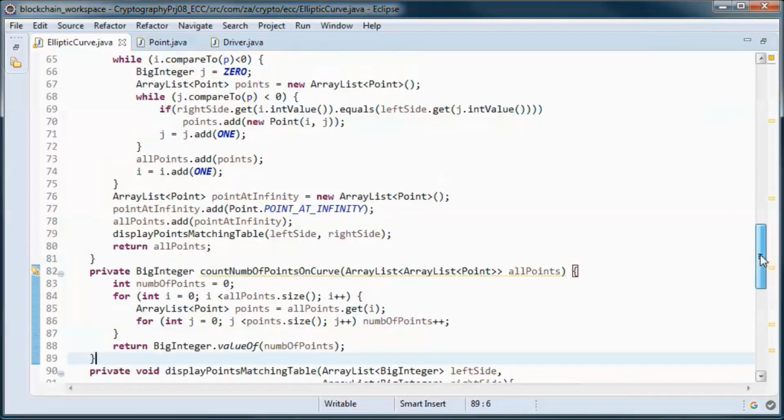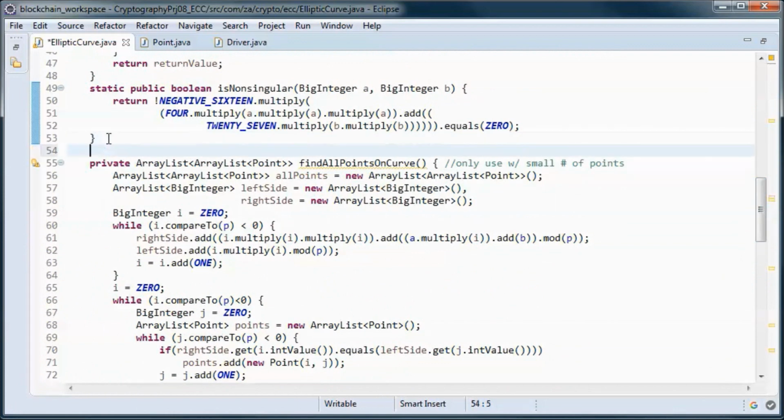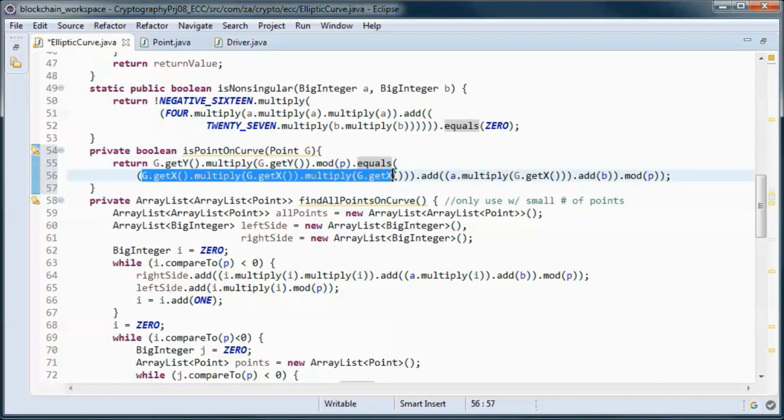So if we want to determine if a point is on the curve, then we check both sides of that equation. So y squared in mod p and x cubed plus ax plus b in mod p.